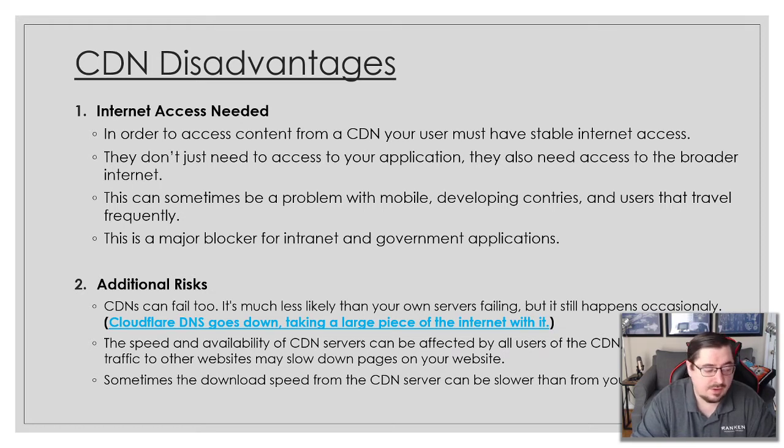And again, depending on what CDN you're using and the current state of things, the actual download speed from the CDN might be slower than having your own server. And that varies a lot by region and by time of day, and by the particular host that you're using for your CDN. So keep that in mind. Sometimes their download speed may be faster than yours, and sometimes it may be faster from your own server.